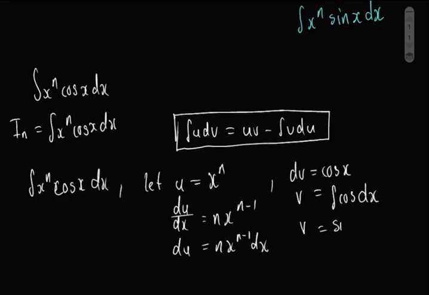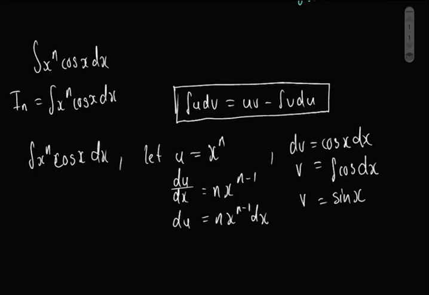It's just sine x. We don't add the c right now, not now. Or you can say your dv is cos x dx, and then your v is that integral. You integrate both sides and you get your v. So this cos x dx would be my dv, and this would be my u.